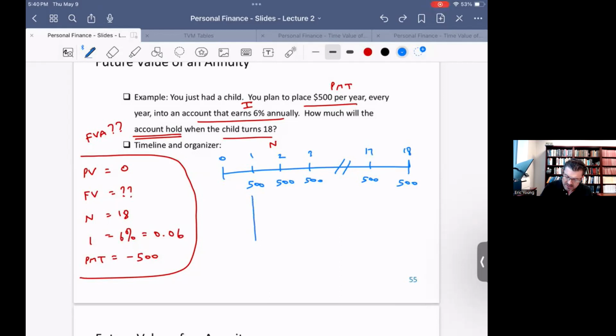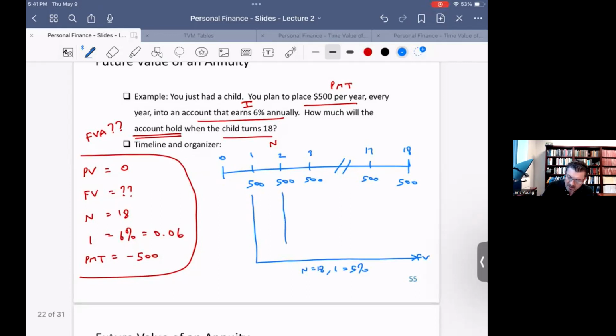So this money is going to carry forward, and that's going to have a future value attached to it. The $500 I put in year 2 is also going to grow at 6%, but this is going to grow for 17 years.